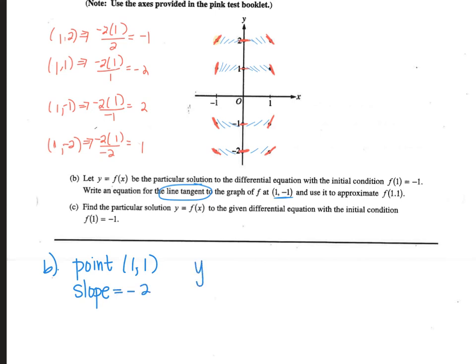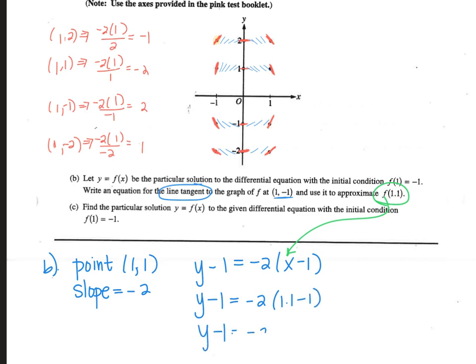So we write a tangent line, y minus 1 equals the slope of negative 2, x minus 1. We're going to use that tangent line to approximate 1.1, which we're going to plug in for x to come up with the approximation. So y minus 1 would be negative 2 times 1.1 minus 1, which is just basically 2 times a tenth.